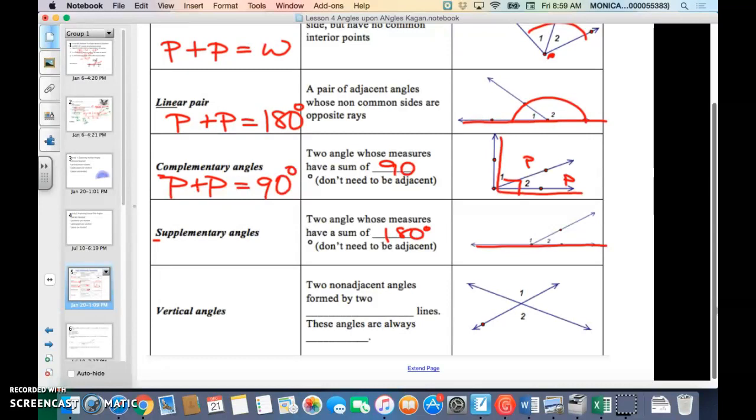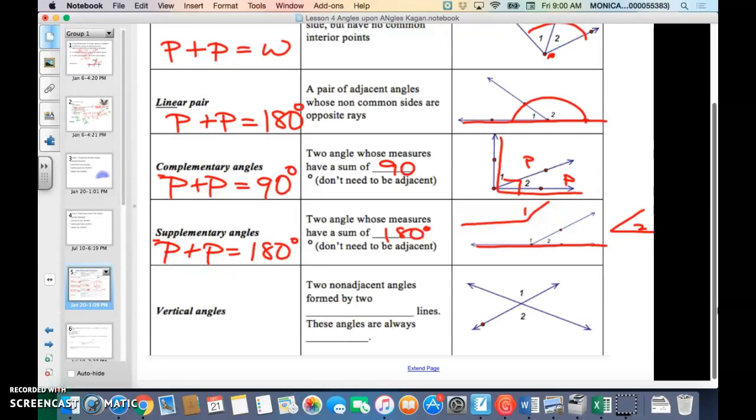They can be separated. So you could have angle 1 up here and angle 2 over here, but you would still put them together to make a line. And again, you're going to be looking at the equation part plus part, and your whole is always going to be 180 degrees because a straight line always has 180 degrees as its whole.